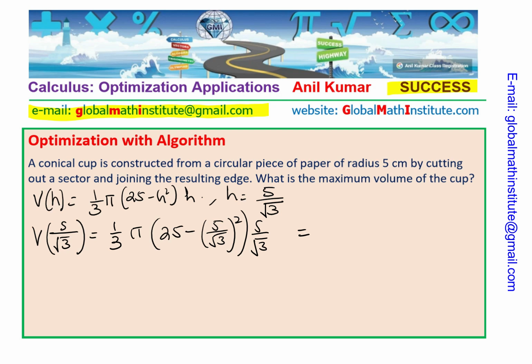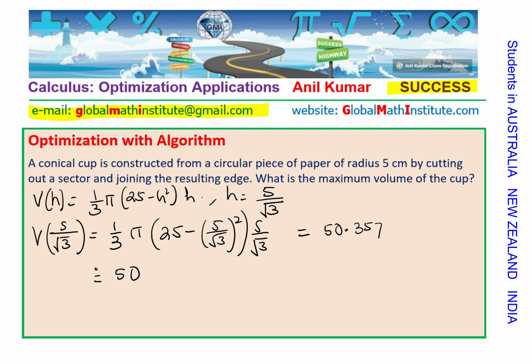And then within brackets, we'll multiply by 25 minus 5 squared, which is 25 divided by 3. And this is equal to 50.3577. So we can round this to approximately 50 centimeter cube.